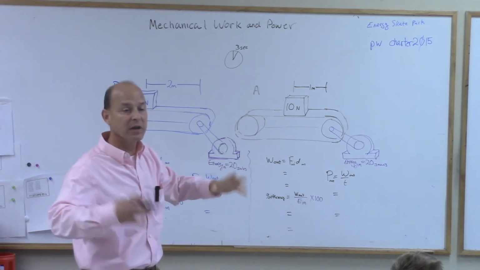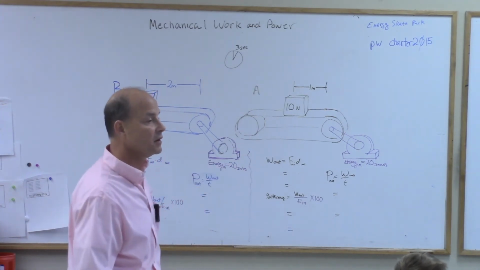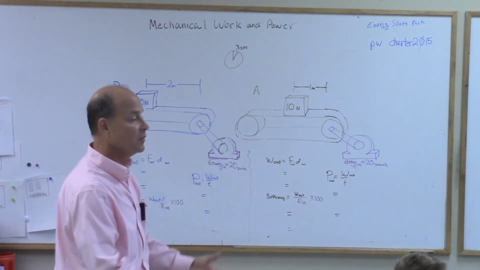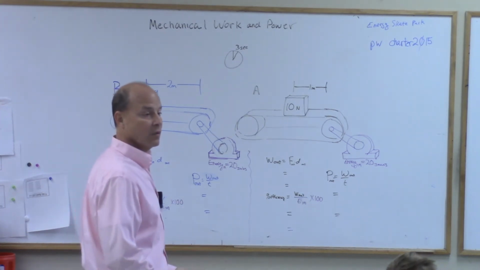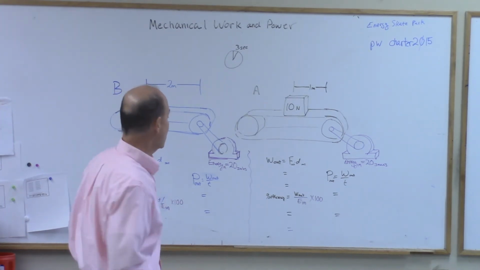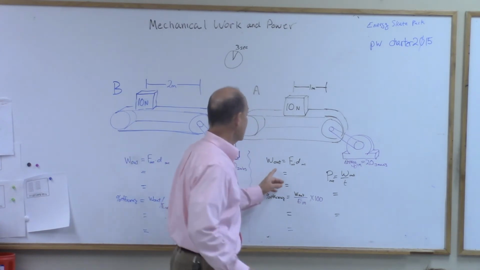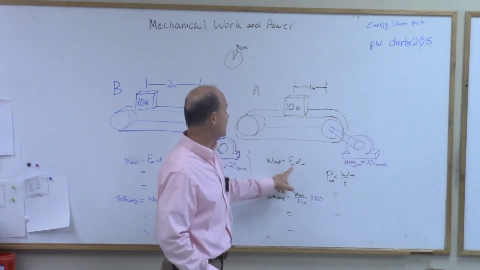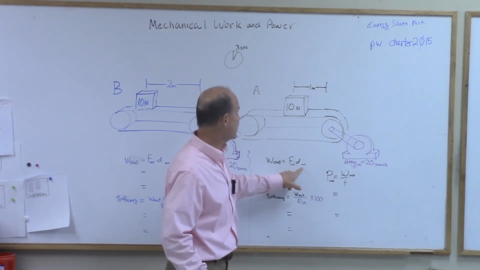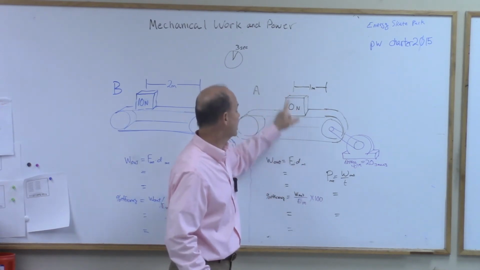Now you can already begin to think about which one's better, because you already have some intuitions about which one's going to be doing more work. Well, let's go ahead and calculate that. The work that we're getting out of this machine is the force that's being output times the distance that it's being moved.